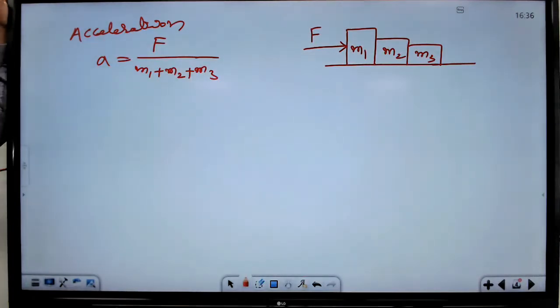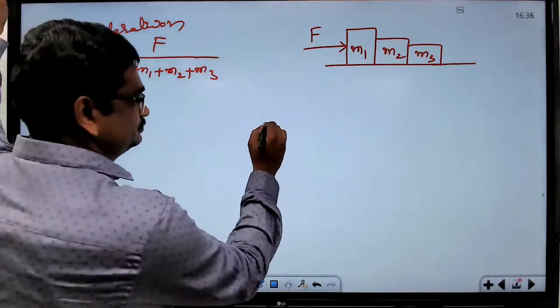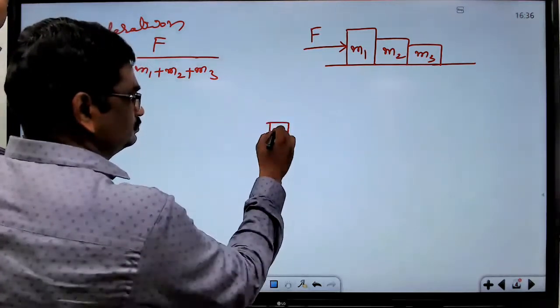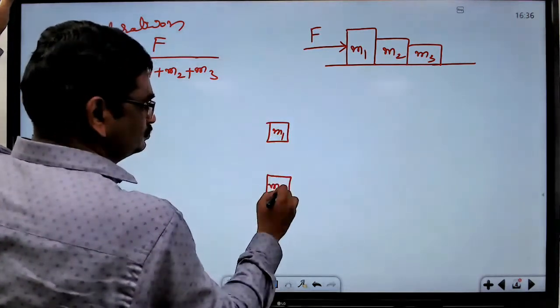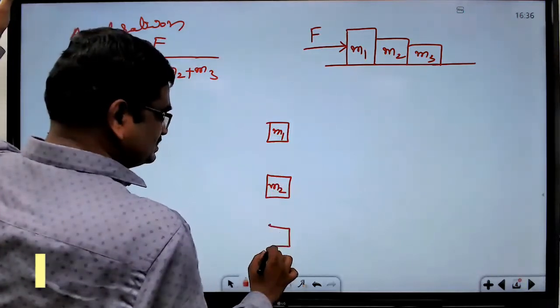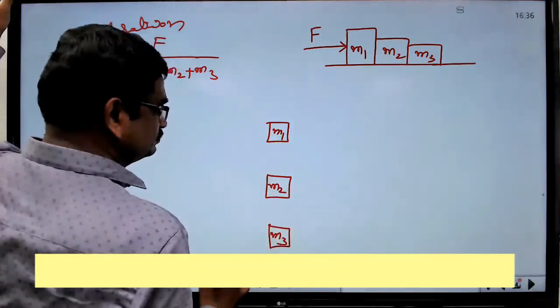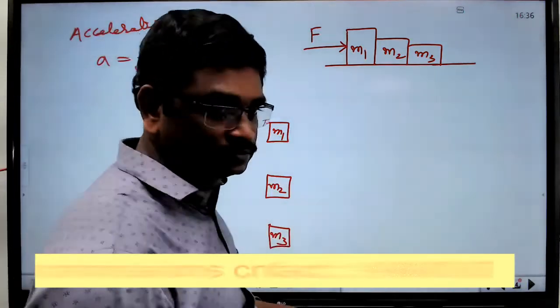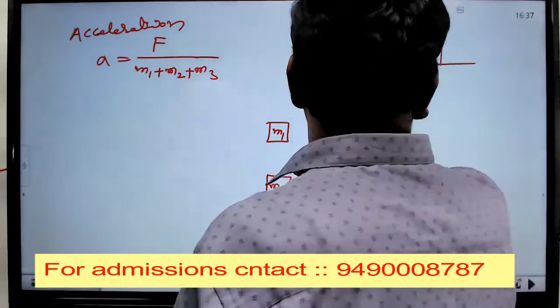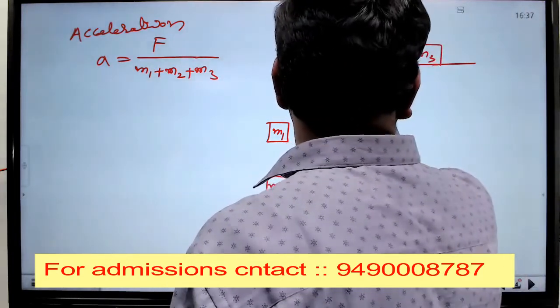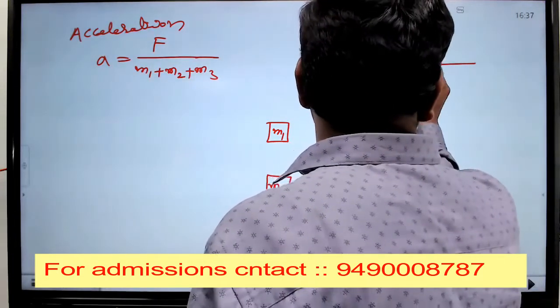Next, free body diagram for mass M1. Free body diagram for mass M2. Free body diagram for mass M3. So assume that here contact force is F1, here contact force is F2.